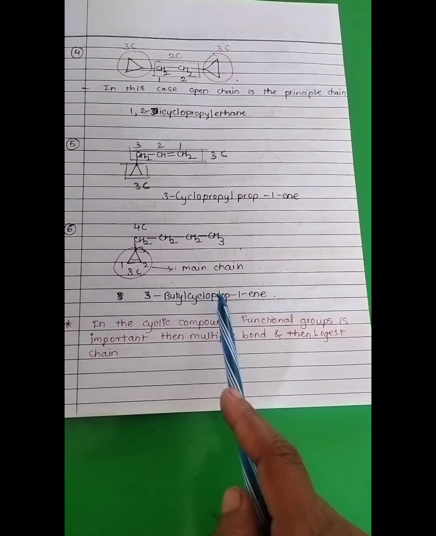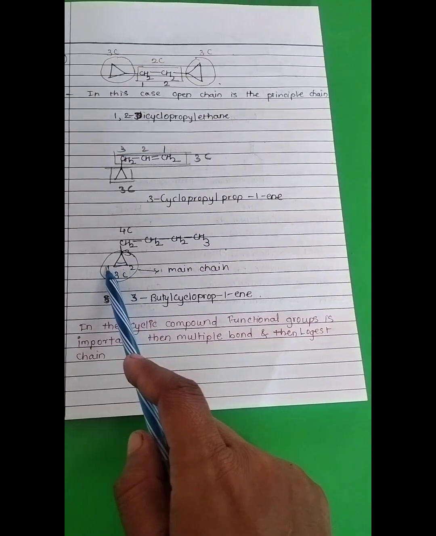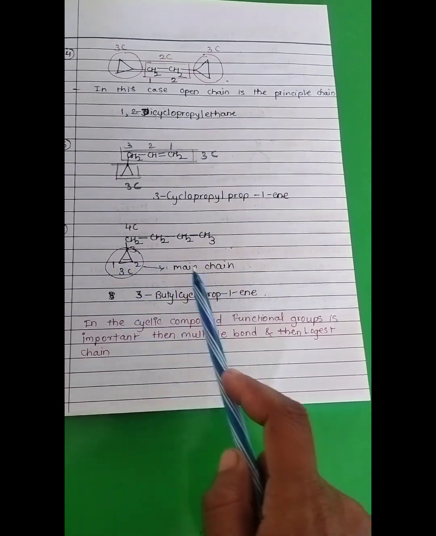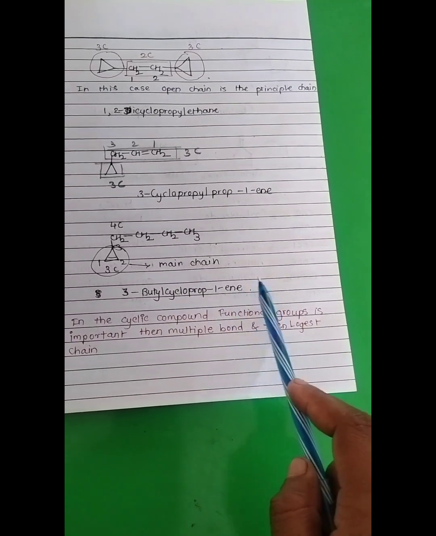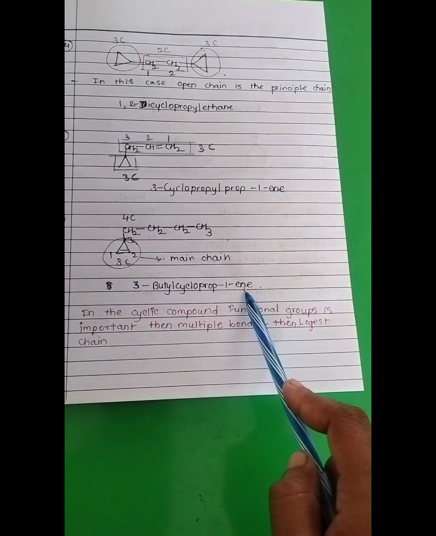There are 3 carbons in the ring, so cycloprop. In the first carbon the double bond is present, so 1 ENE. So the overall name of this compound is 3-butyl cyclopropene.